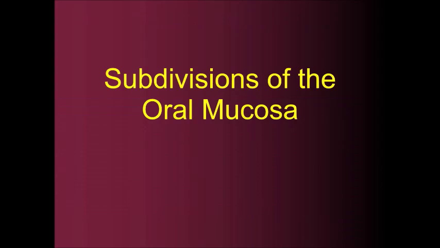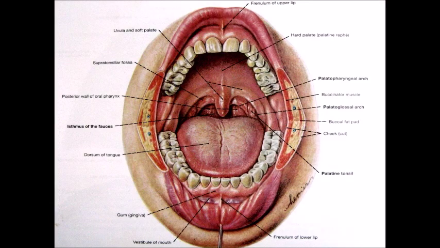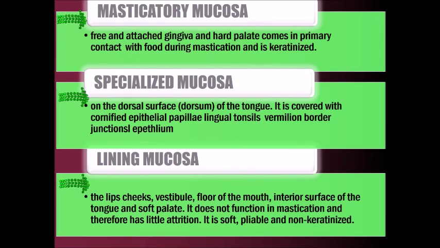Subdivisions of the oral mucosa. If we look at the oral cavity, these are the different landmarks that we can see: the frenum, the lips, the hard palate, the soft palate, the uvula, the tongue, the teeth, the gingiva, the cheeks. These are anatomical landmarks. The oral mucosa can be divided, as we said earlier, into masticatory mucosa, specialized mucosa, and lining mucosa.